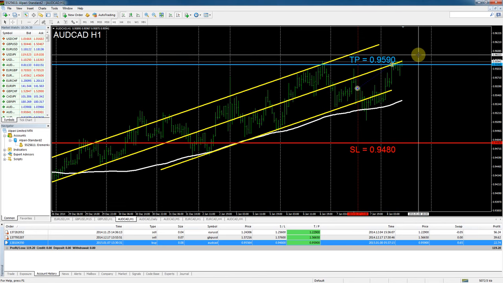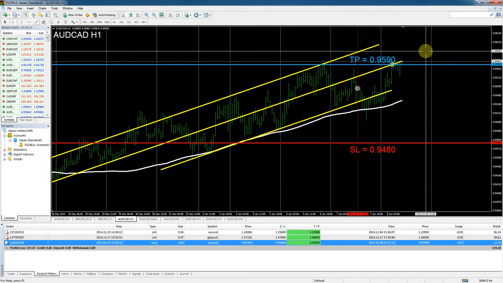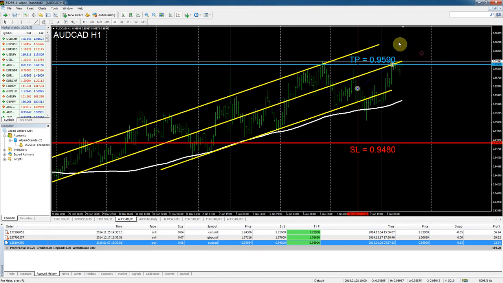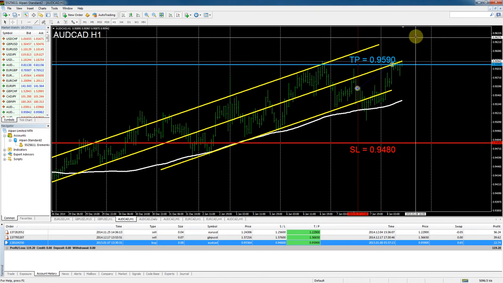This is also a very crucial part of your trading, to set your take profits at strategic levels, below or above. In this case, we know that the traders will be hesitant to cross the 0.96 line, and therefore statistically it reduces your chances of profit if you set your take profit above this level.